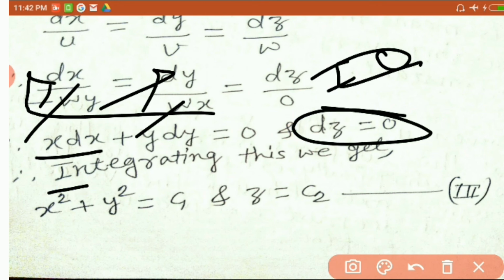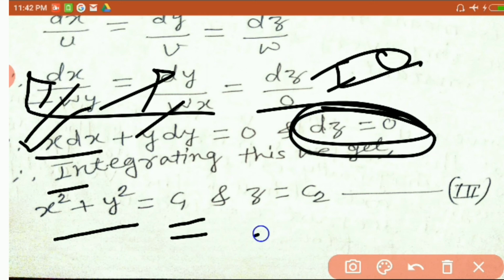Now integrating this, we get x square plus y square is equal to the integration constant c1, and z is equal to the second integration constant c2.